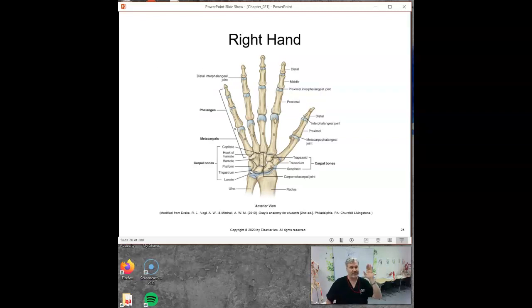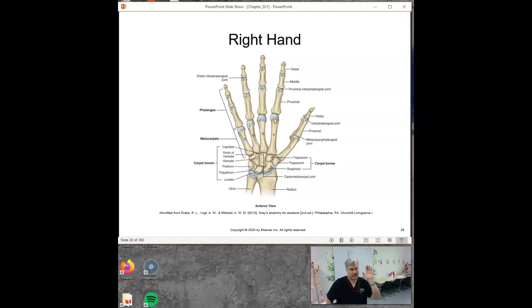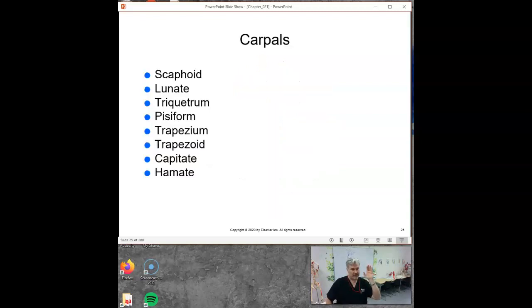So like reading a book, there's two rows, starting from my thumb over to my pinky, and then again from my thumb over to my pinky. So scaphoid, lunate, triquetrum, pisiform, trapezium, trapezoid, capitate, and hamate.